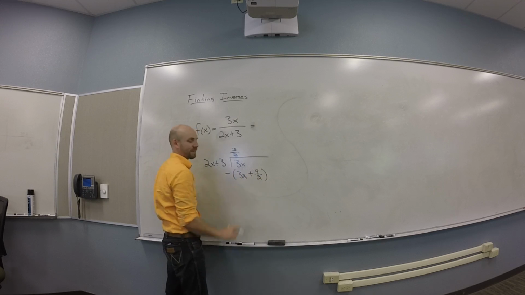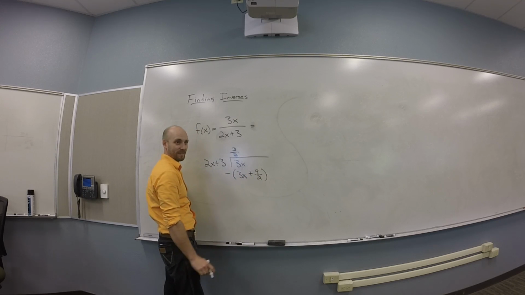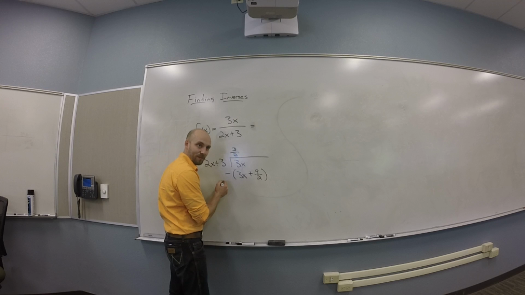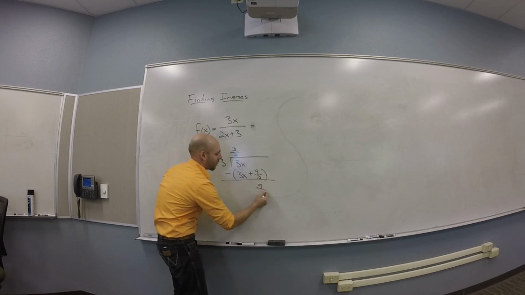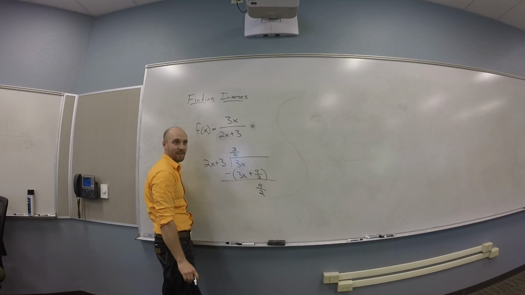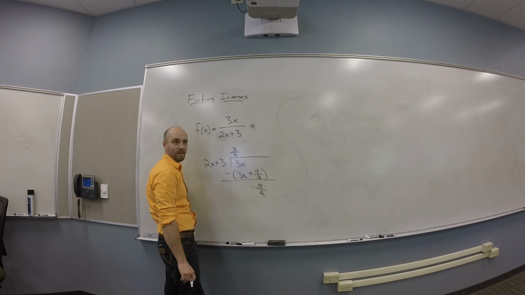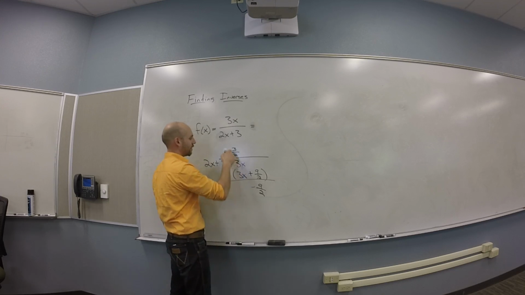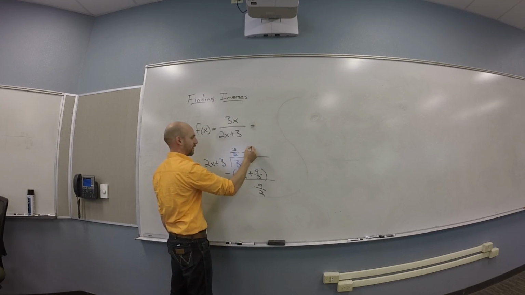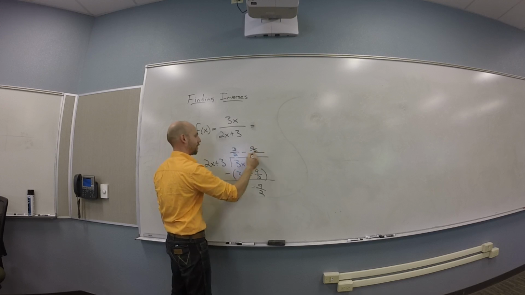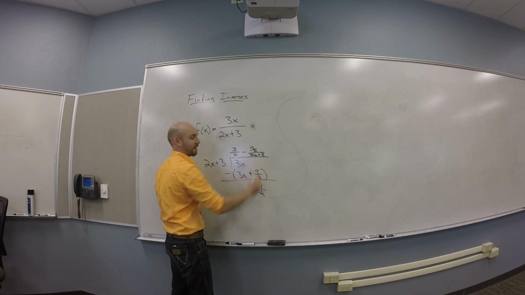Then I want to subtract this off. You guys remember this algorithm? So I get 9/2 here, minus 9/2. Okay, so I got 3/2 minus 9/2 divided by 2x plus 3.